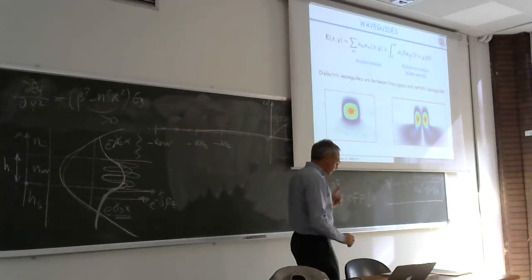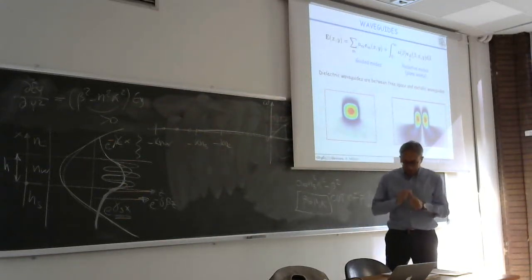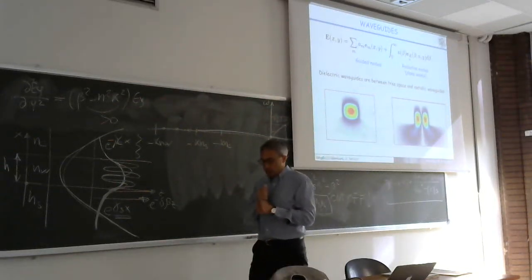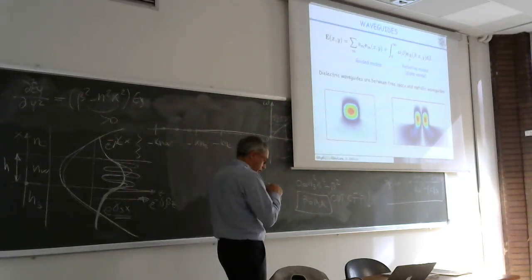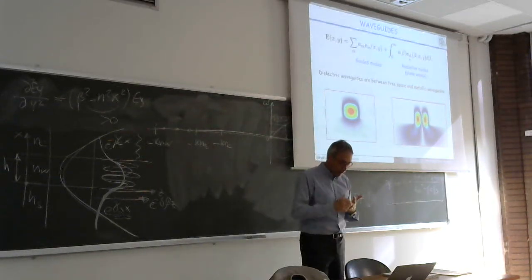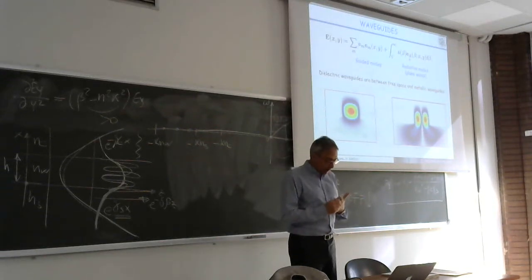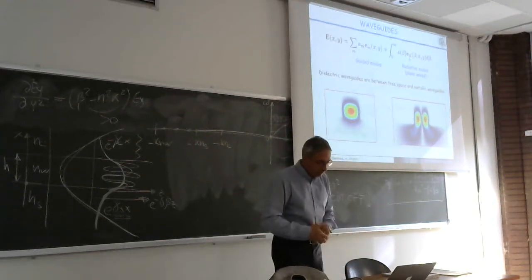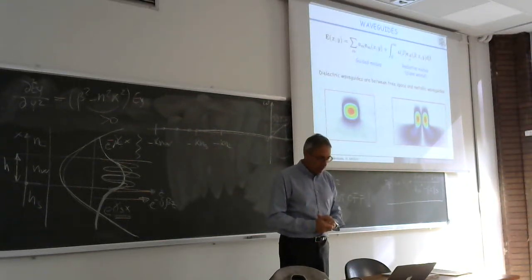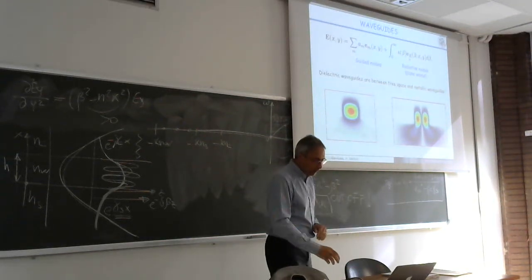So now we have to talk about the shape of the mode, look a little bit better at the shape of the mode. I want to say something on beta, and I want to introduce the leaky mode. So let's start from the shape of the modes.